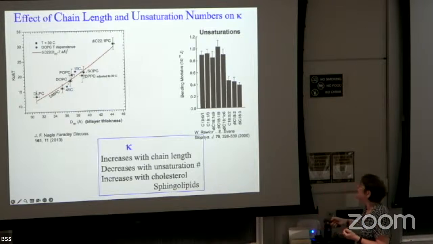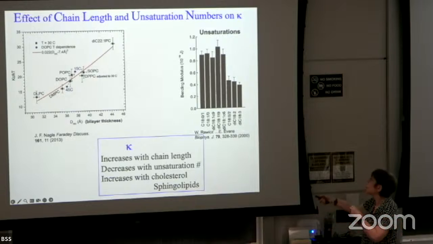In addition, if you have a chain of 18 carbons and you change the number of unsaturations, the more unsaturations you have, the easier it is to bend the membrane, because it's like you create some defects in the bilayer. And if you add cholesterol, the bending rigidity increases, and similarly with sphingolipids. So it's completely different from the stretching modulus, right?